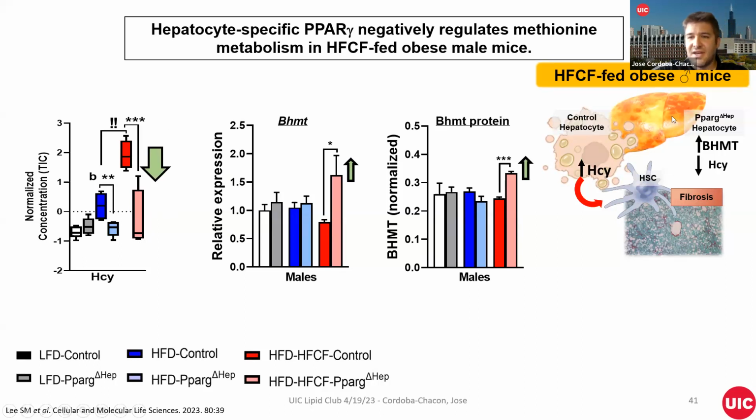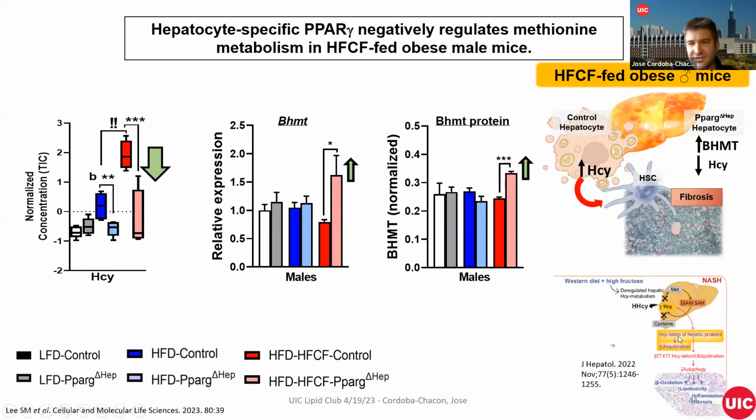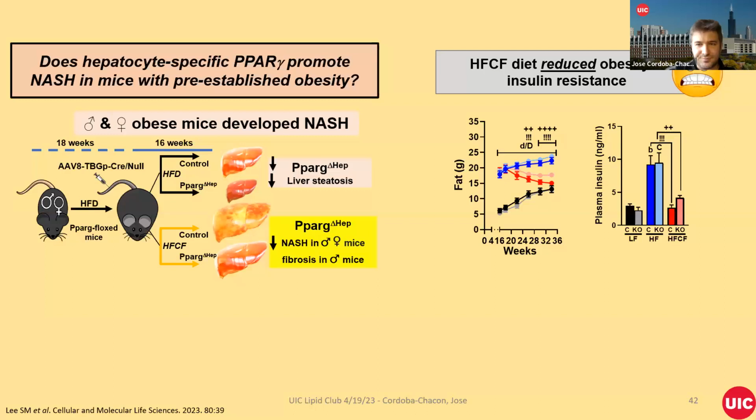So this homocysteine is, as I said before, a toxic molecule, and it could drive the activation of non-parenchymal cells to drive fibrosis. This was also reported in 2022 in the Journal of Hepatology, showing that hyperhomocysteinemia is a key feature in the progression of non-alcoholic steatohepatitis, and by itself can dysregulate many functions in the hepatocytes.